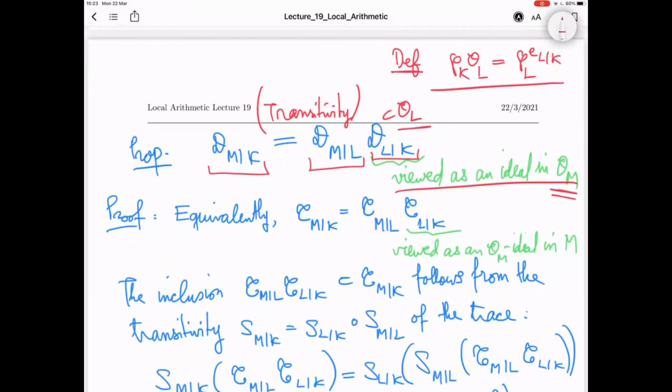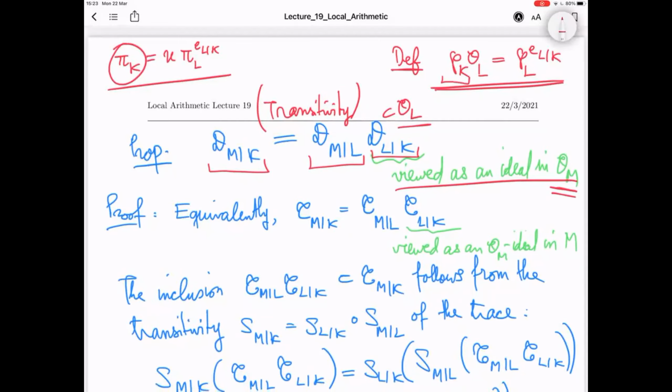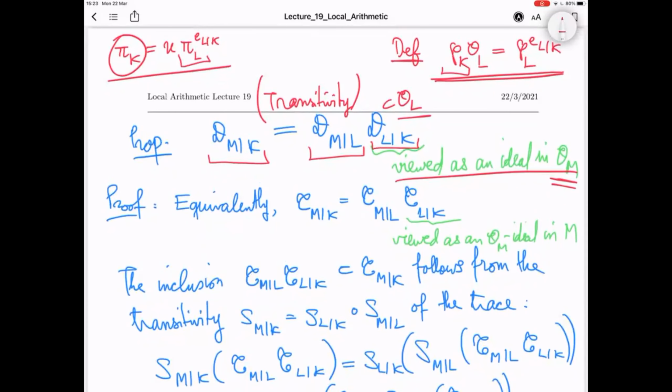There's another way of saying that: if I take a uniformizer of K and write it as a unit times a uniformizer of L to some power, that power is e of L over K. So this relation and this relation are basically the same, because pi K generates PK and pi L generates PL. Fine.